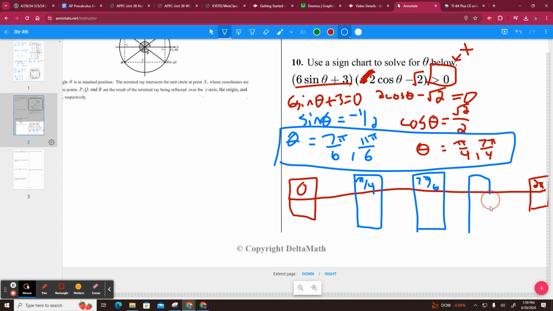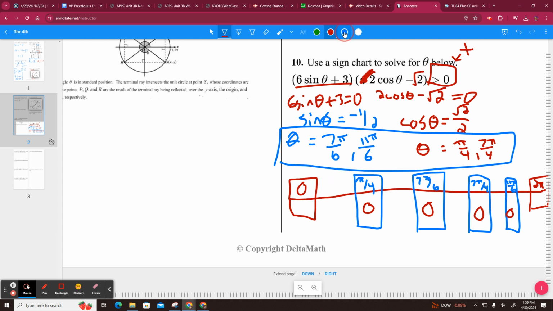Then 7 pi over 4. And then 11 pi over 6. And remember, we already know that all of these give me 0, so I can put their value as 0 here. It's not positive or negative, it's just 0.